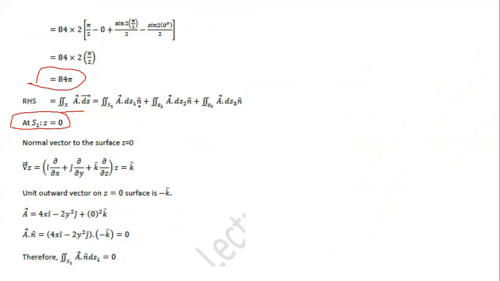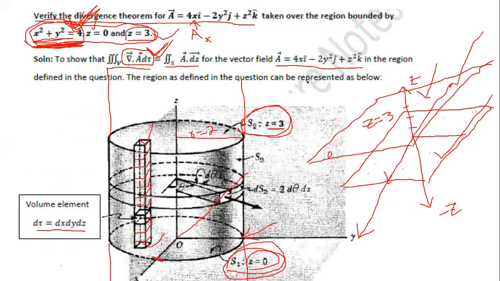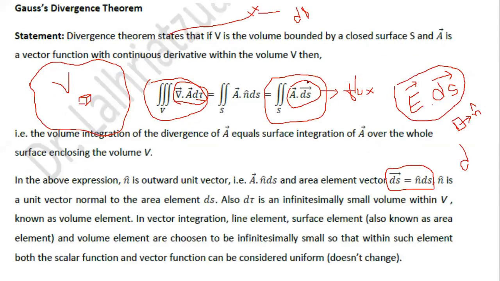Here the ds vector means ds1 into n cap. What is n cap here? For every surface integration, your area element vector ds vector is equal to ds into n cap. n cap is the unit vector normal to the area element ds.